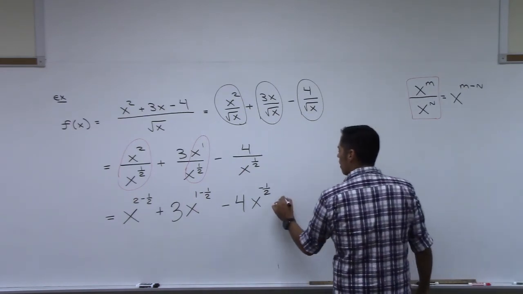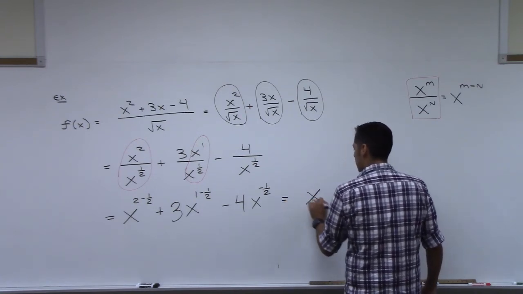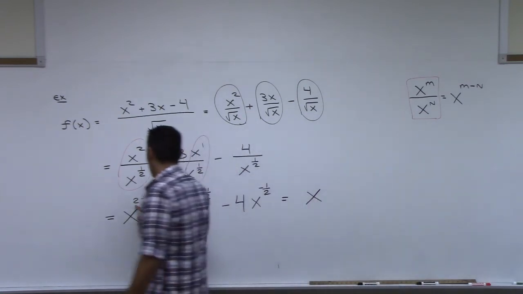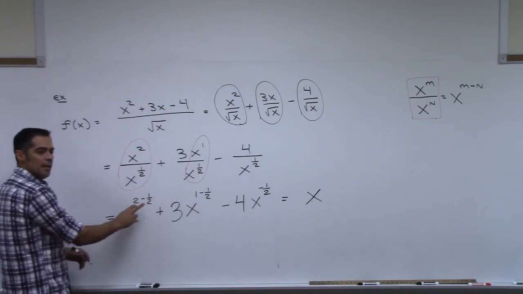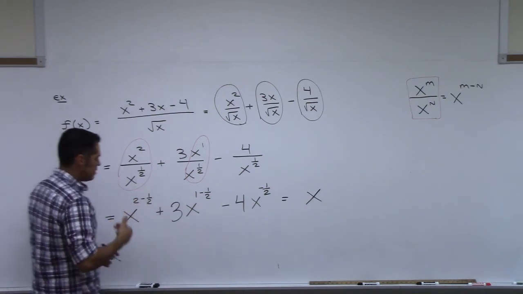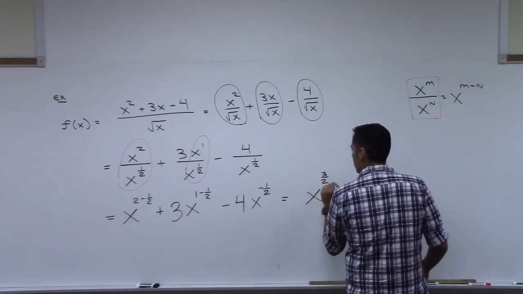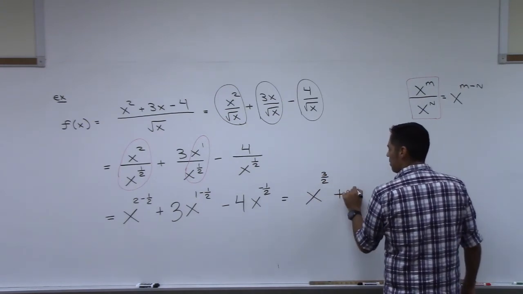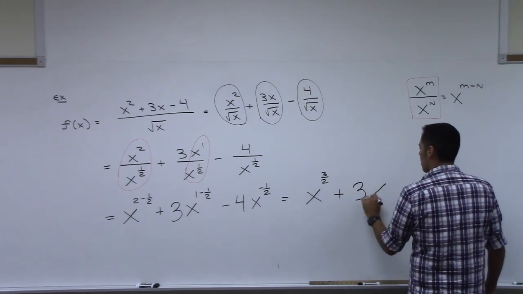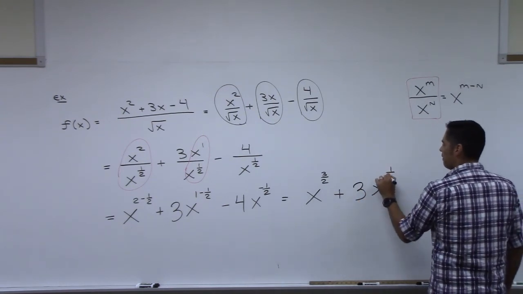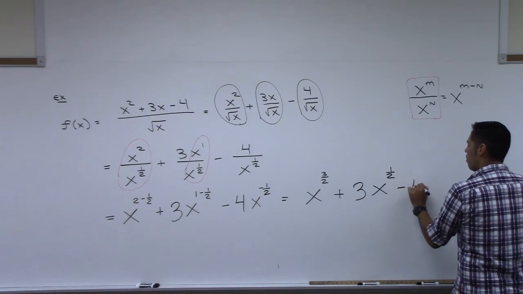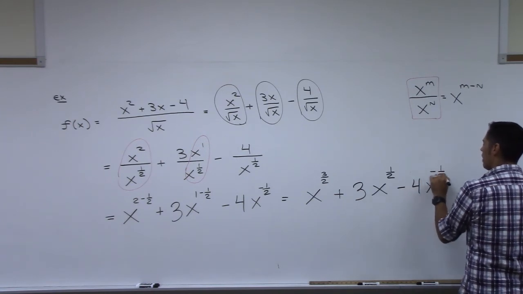Now we need to do a little arithmetic. 2 minus a half, you have to get a common denominator, so this is going to turn out to be 3 halves. Then plus 3, x to the 1 half, and then minus 4x to the negative 1 half. We have not done anything to that.